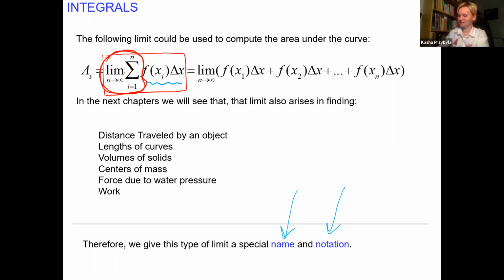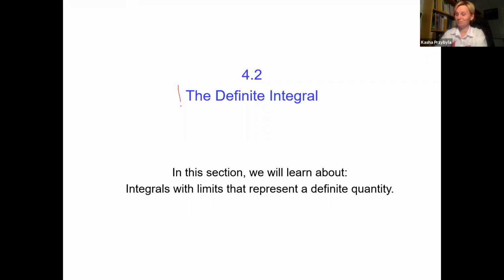The special name is an integral, but we will say a definite integral, because everything is defined. We will also define the indefinite integral later, but for now, a definite integral.